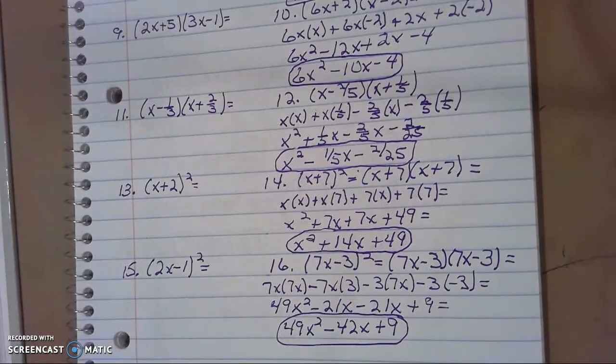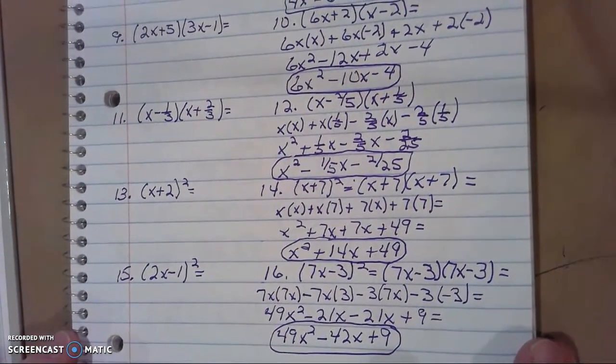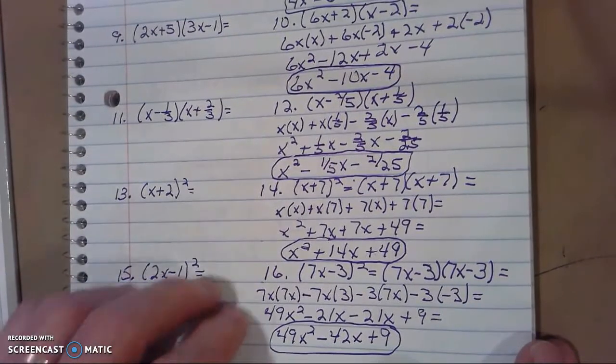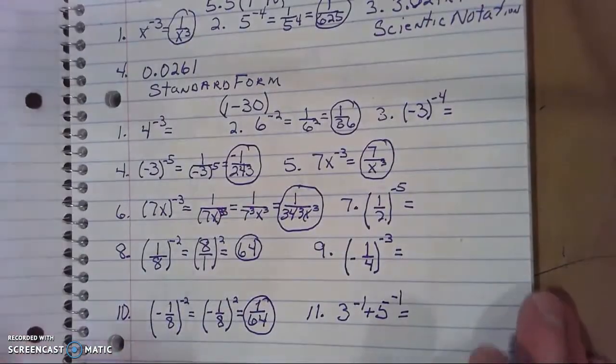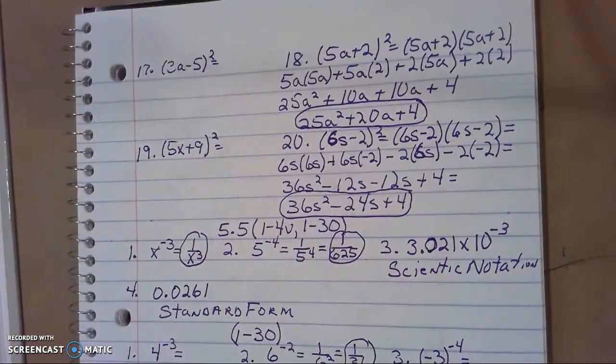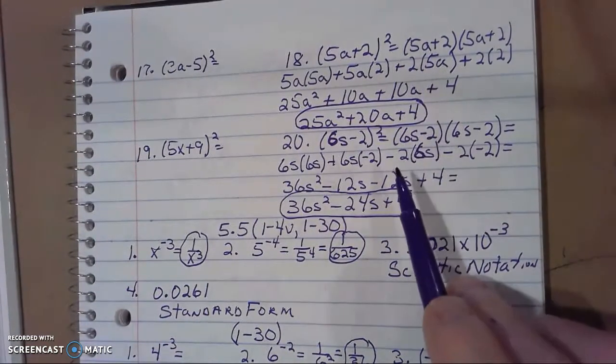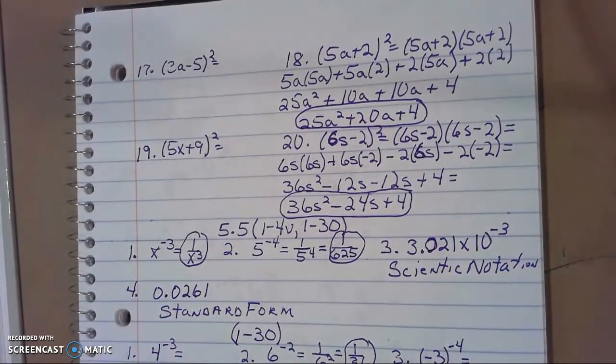Here is the work for 9 through 16 with FOIL. Then 4 more using FOIL, 17 through 20. 18 and 20 give you the work you need to do.